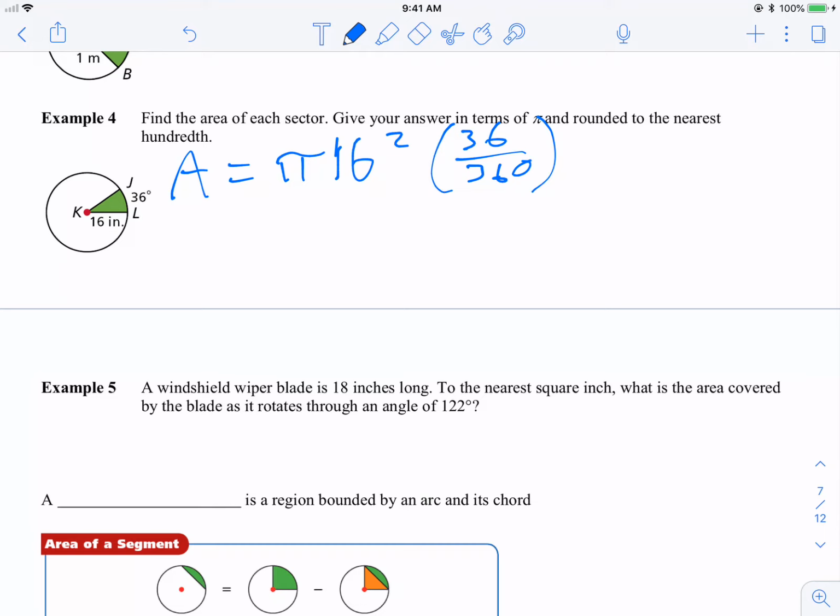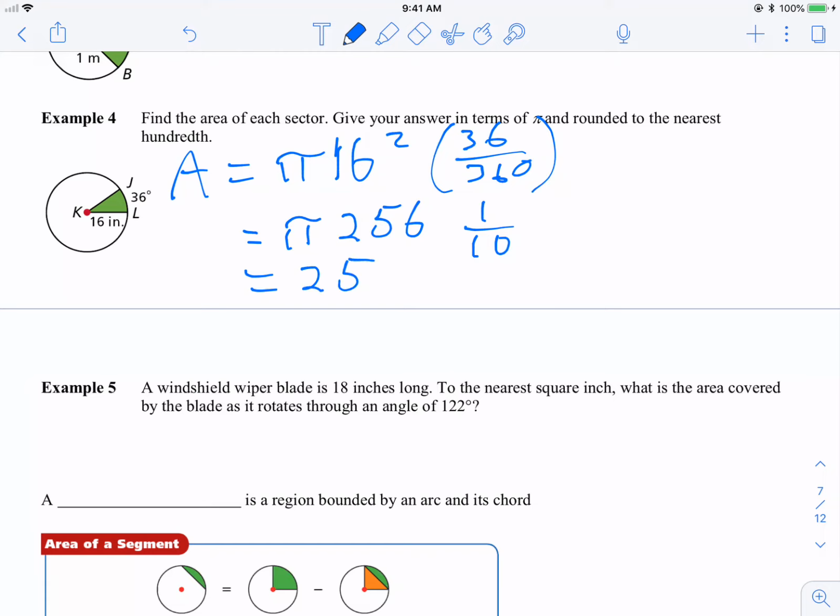Now, initially this might not look like a very easy fraction to work with, but 36 out of 360, that's 1/10 if we were to reduce that fraction. 16 squared is 256. So at this point right here, we have 256 times 1/10. So when we divide that, we can move the decimal point here.